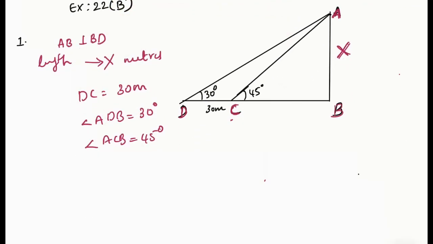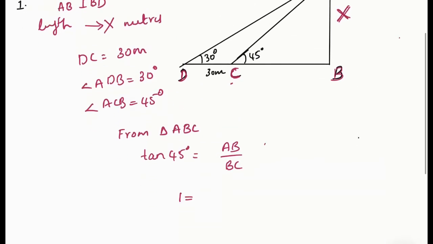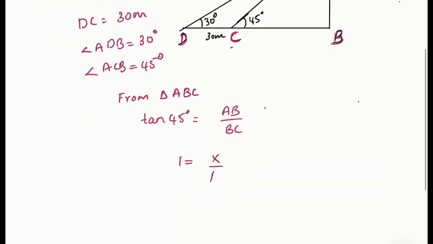From the figure, in triangle ABC, we can take the ratio tan 45 equal to AB by BC. We know the value of tan 45 without using the table, right? Tan 45 is equal to 1. So 1 equal to x by BC. So what do we get? BC equal to x.